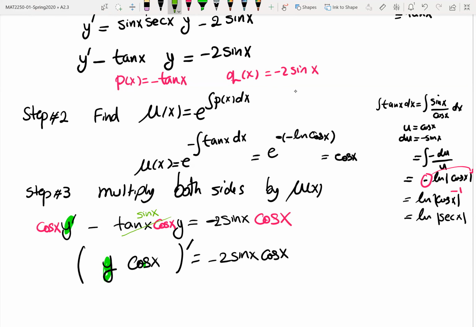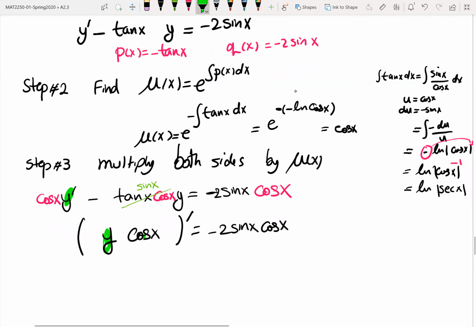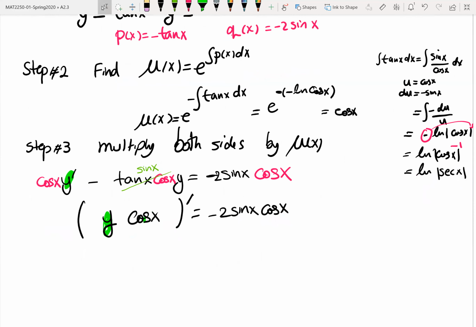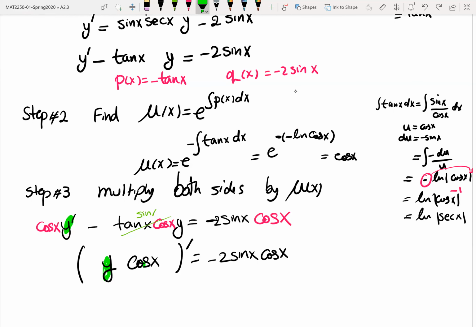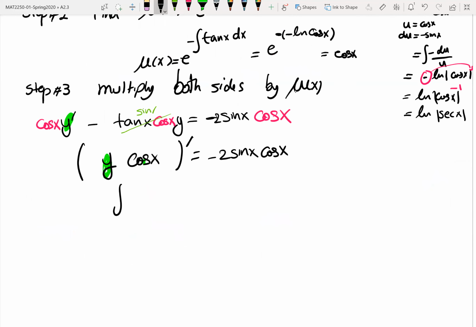Then you say derivative of cosine, which is negative sine, times the y, and then you are right. And again, you don't have to test it. This is just really to make sure the previous step was correct. And then I start to integrate.